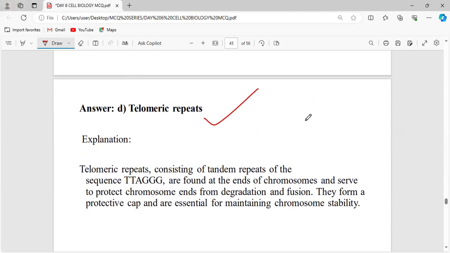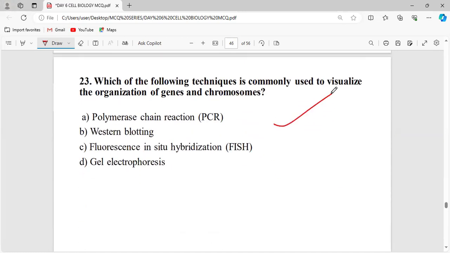The DNA frequently undergoes a degradation process. There comes the telomerase enzyme, which adds the sequence at the end of the chromosomes to maintain its chromosome stability. Right?